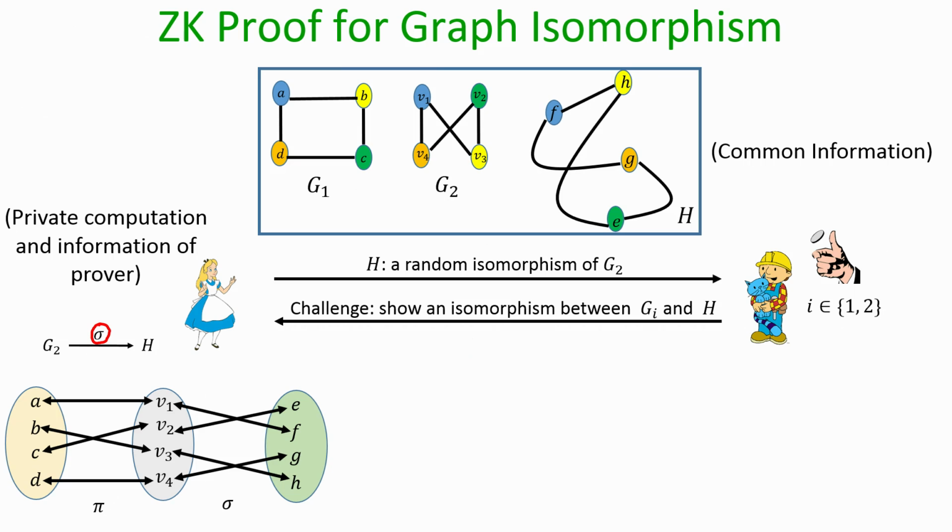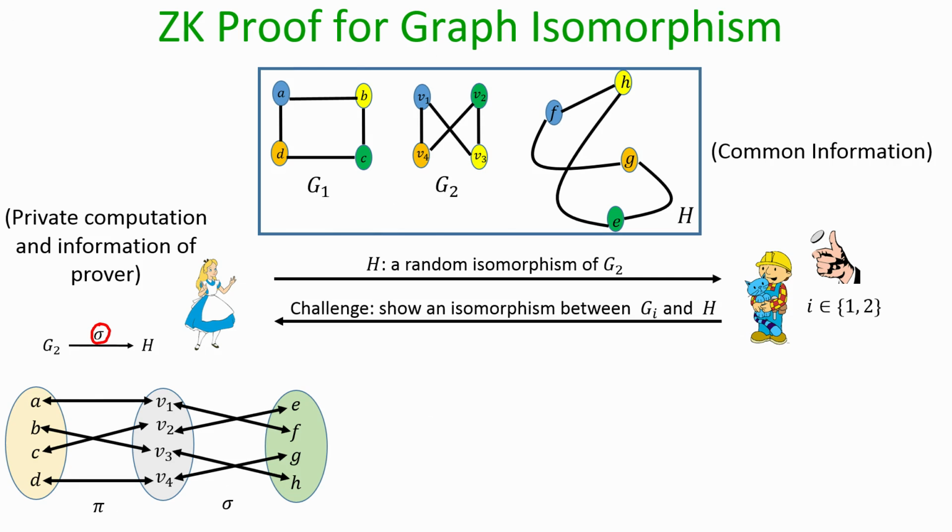If i is equal to 1, Bob is challenging Alice to show an isomorphism between graph G1 and the new graph H, whereas if i is equal to 2, Bob is challenging Alice to show an isomorphism between graph G2 and the new graph H. I stress here that when Alice was committing the graph H, she does not know in advance whether she will be challenged to show an isomorphism between G1 and H or between G2 and H. From her viewpoint, with probability 1/2 she could be challenged to show an isomorphism between G1 and H, and with probability 1/2 she could be challenged to show an isomorphism between G2 and H.